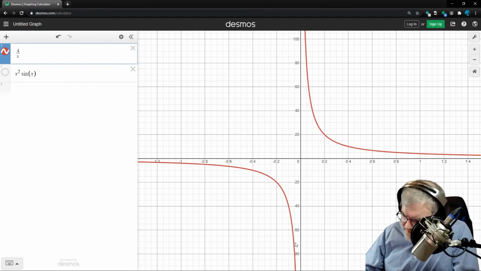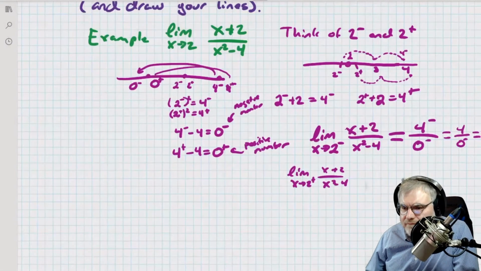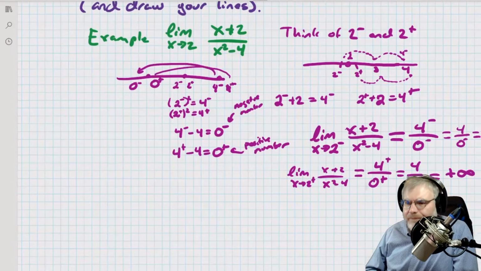The limit as x goes to 2 from the right of x plus 2 over x squared minus 4 equals, well, I had 4 right over 0 right, which is the same thing as 4 over 0 right, and that's going to head to positive infinity.